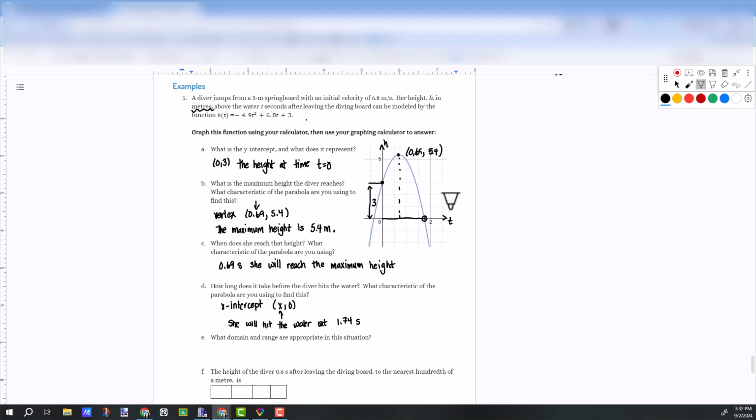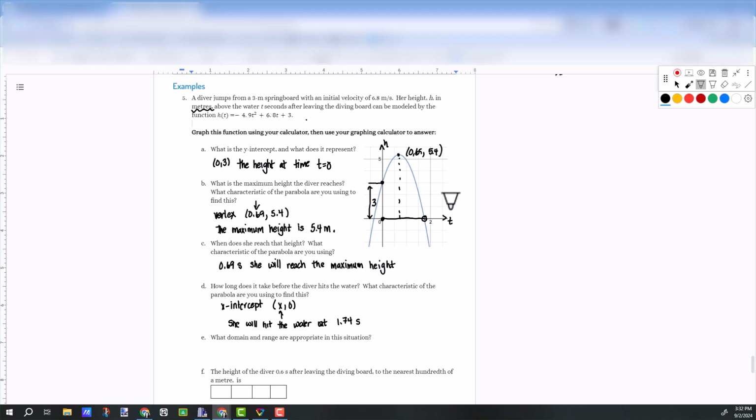Now, let's talk about domain and range. This is a perfect type of question to consider that domain and range may change depending on the context of the question. For example, in this question right here, we know that time cannot be negative.